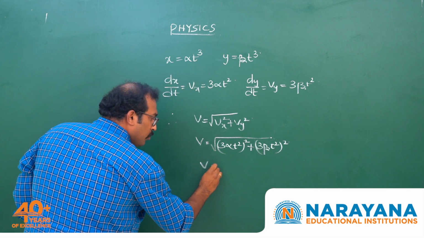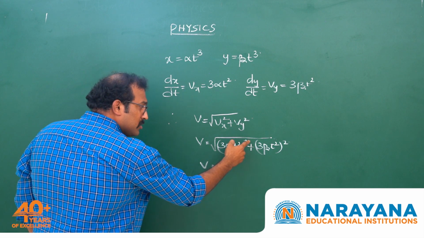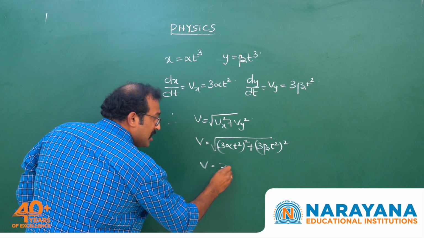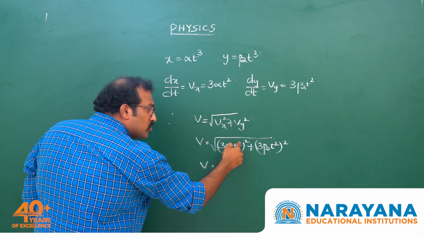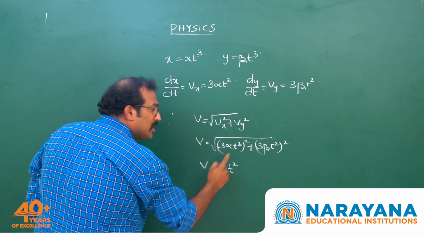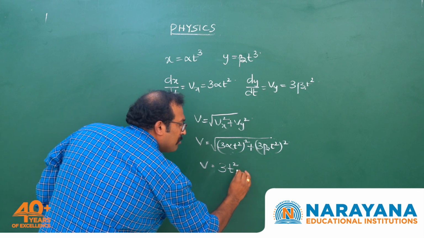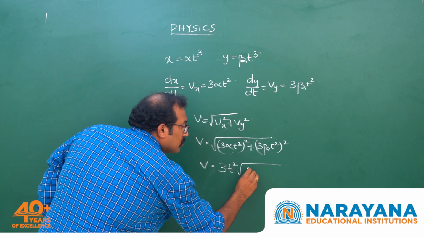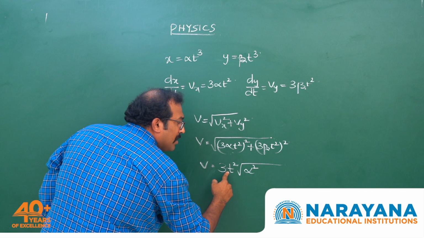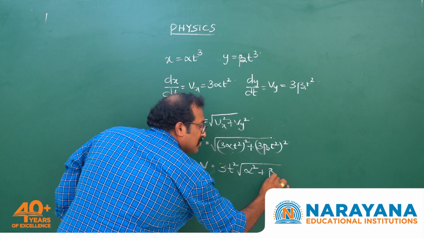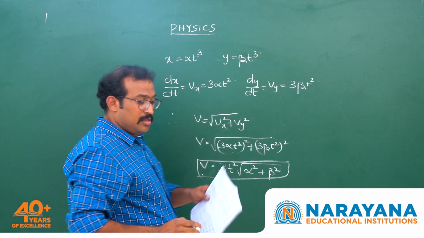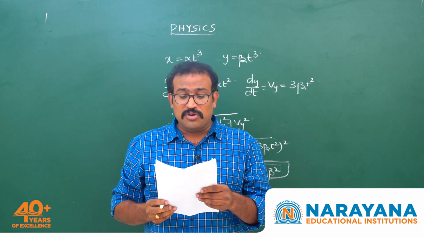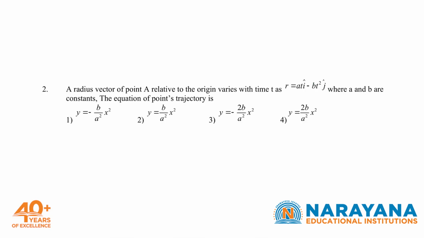From this, we can take 3 square outside, and t square whole square will come out from both the terms. So 3 t square root of alpha square plus beta square would be the final answer. Here, the key for the first question is the third option.